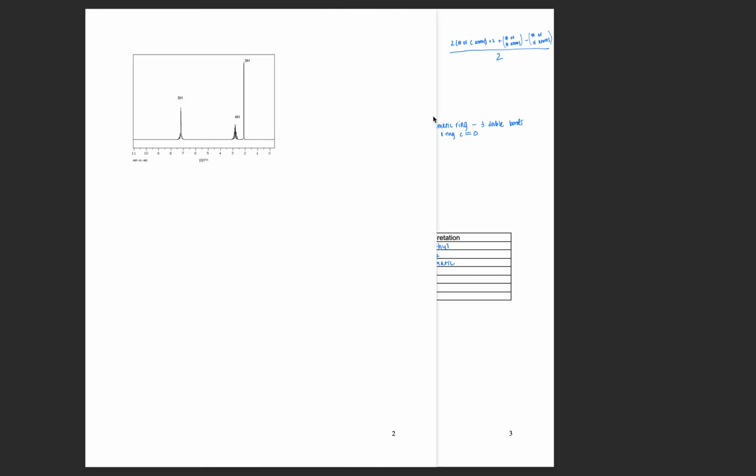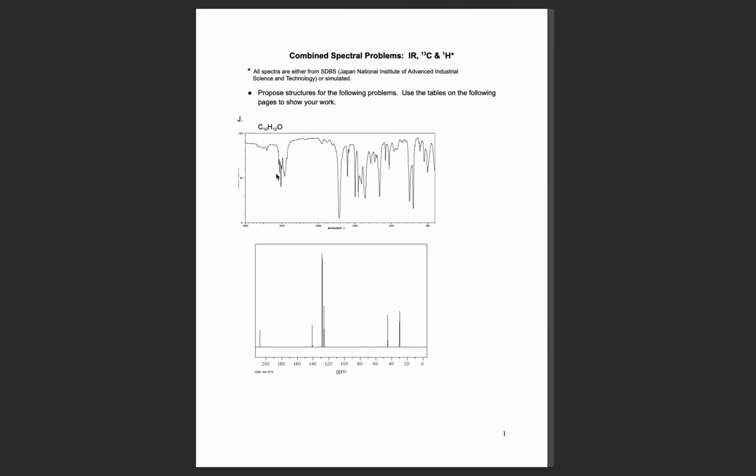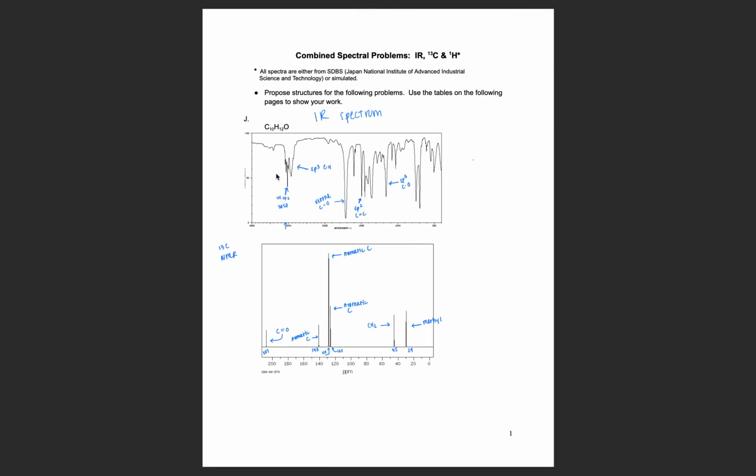So we will go back to our first page. We'll start in our IR spectrum chart, or graph. So our first peak, which is at 3050, we have CH sp2 right here.